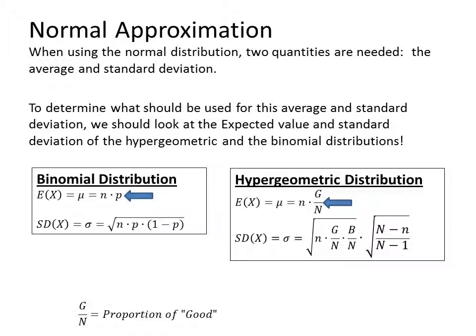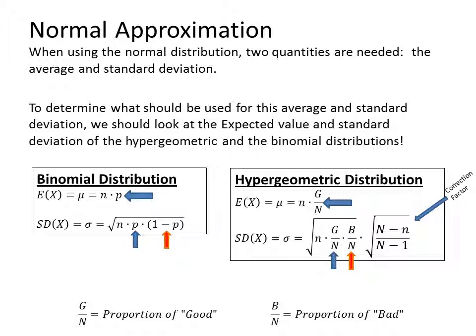And so these two numbers are actually the same. Also, if you think about the number of bad in the population divided by the total, that's just the proportion of bad, which is just 1 minus p. So as you can see, this average and standard deviation are pretty much the same except for this last quantity here, and that's what we call the correction factor.